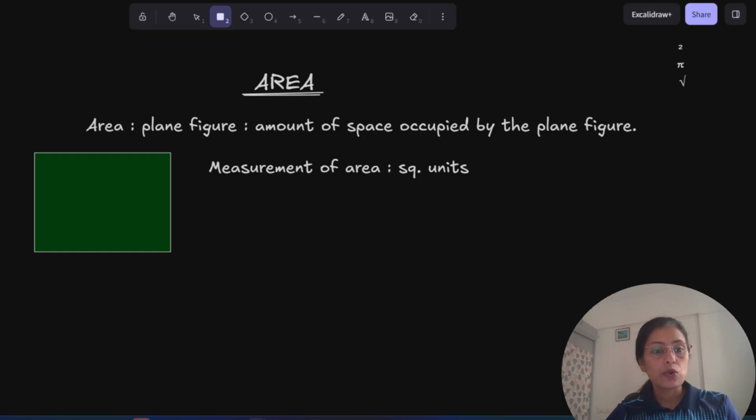When I take a square, this is a square, okay, and I say the length of the side of the square is A.